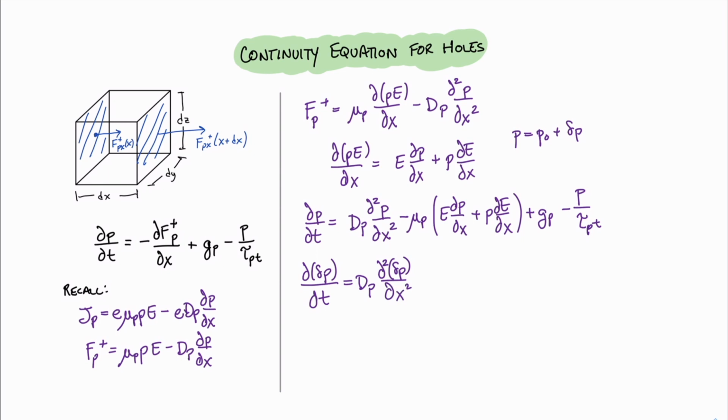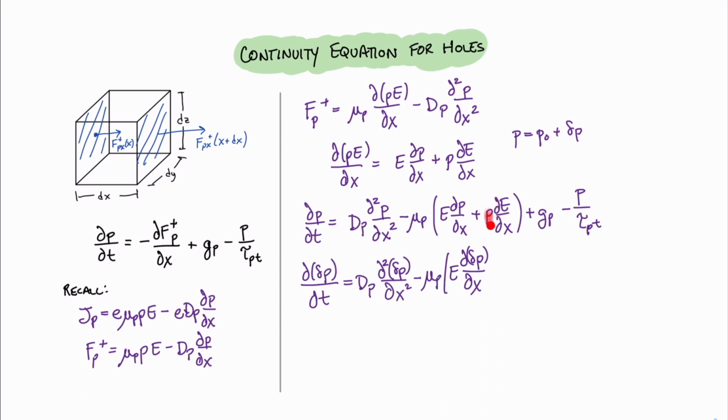Now for the drift term with the electric field, we're looking at a spatial change in the carriers, but in a homogeneous semiconductor the thermal equilibrium carriers are not a function of x. So we can write minus mu sub p times the quantity E d delta p/dx. For the term with the spatial change in the electric field, we still have to take into account all the carriers in the system.